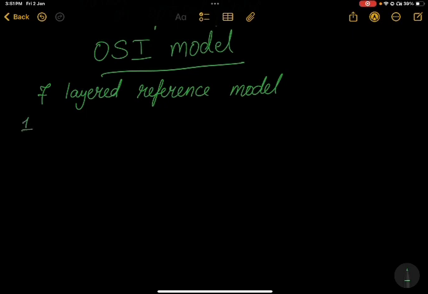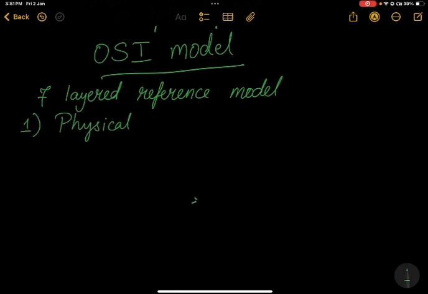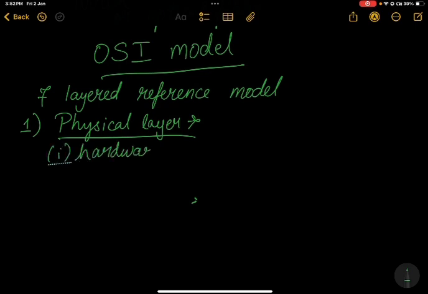The first layer is the physical layer. This layer deals with hardware transmission.